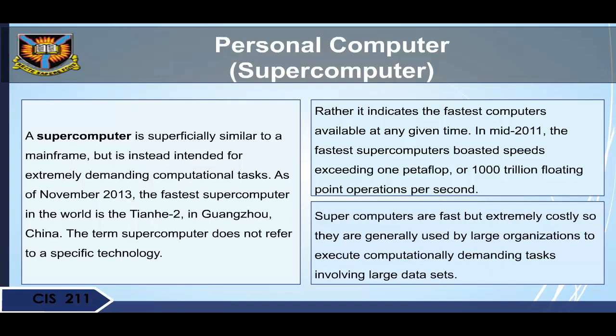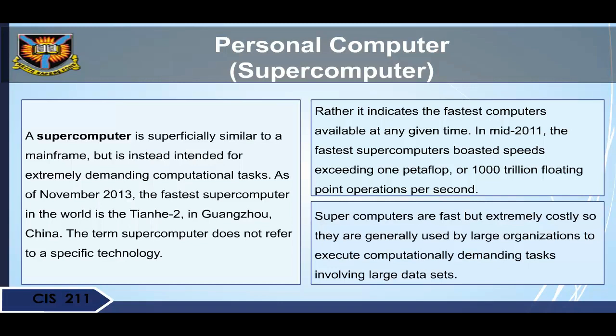As of November 2013, the fastest supercomputer in the world is the Tianhe-2 in Guangzhou, China. The term supercomputer does not refer to a specific technology. Rather, it indicates the fastest computers available at any given time.